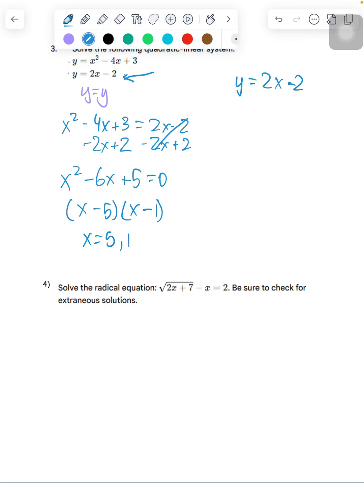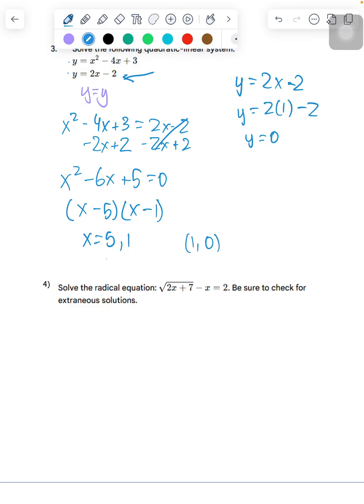So first I want to check x equals 1, right? So I want to say y equals 2x, plug in 1 here, minus 2, right? And I'm going to get, well, 2 times 1 is 2, minus 2 is 0, so it's going to be y equals 0. So my first set of coordinates will be (1, 0).